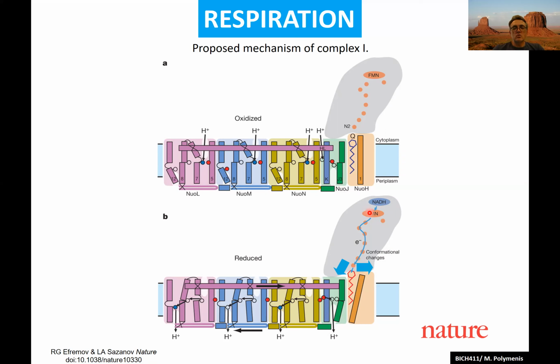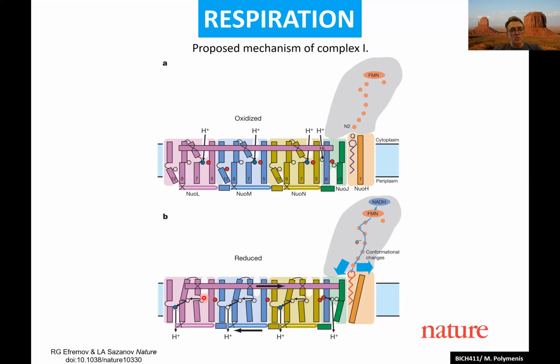So as the electrons move, essentially what happens is Q gets pushed up at this position in the complex, and as a result, what you really have is almost like dominoes. These blocks here are alpha helices, and as Q goes up, it tilts this alpha helix here, and that pushes all these other domains in the other parts of the complex.